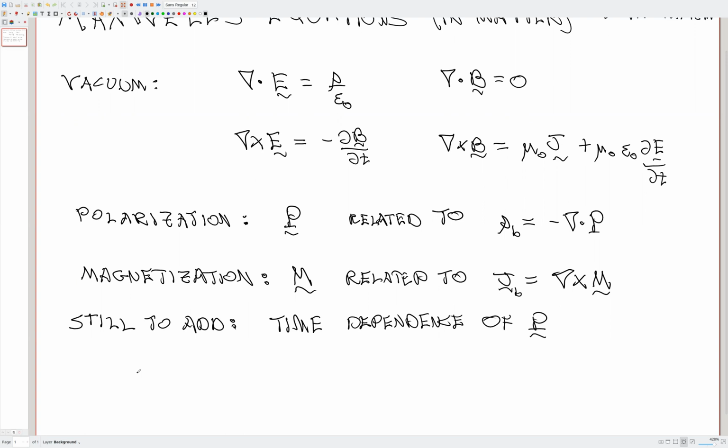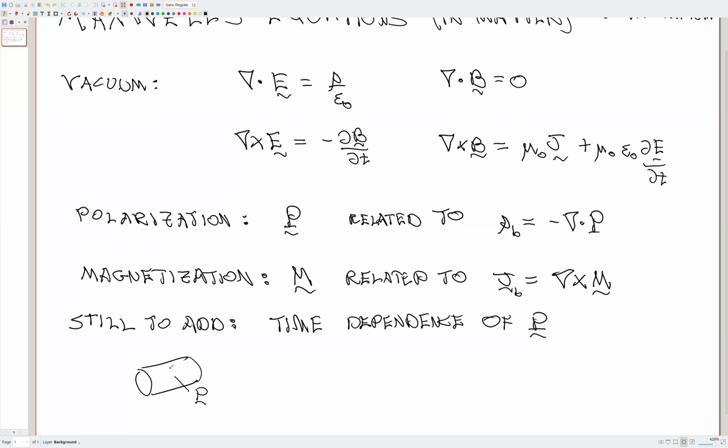I've got a little cylinder like this, and I've got a polarization inside that thing. But the polarization might be changing in time. So if we first consider a uniform polarization here, then what it's equivalent to is a surface charge density on both ends.